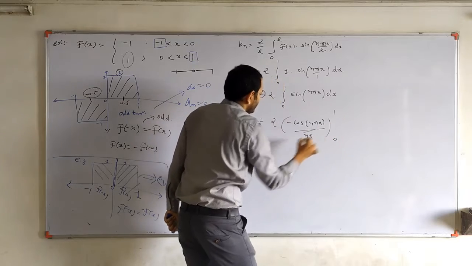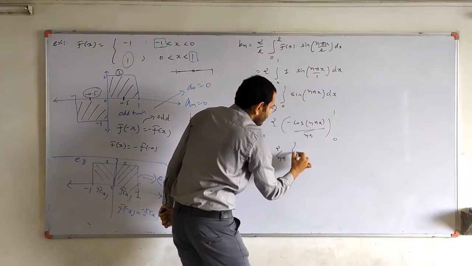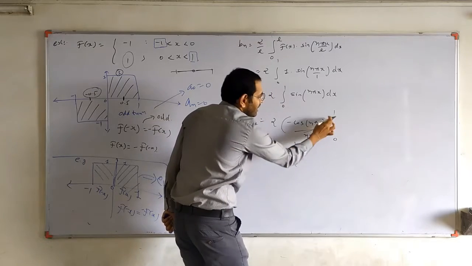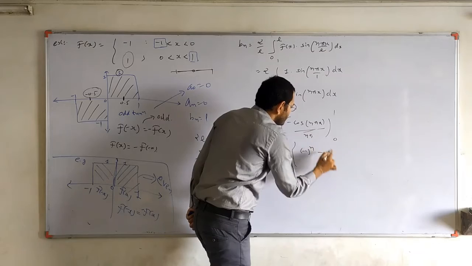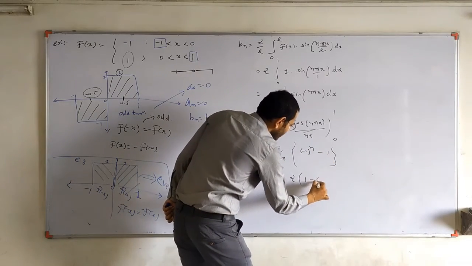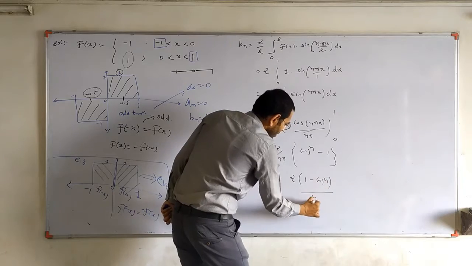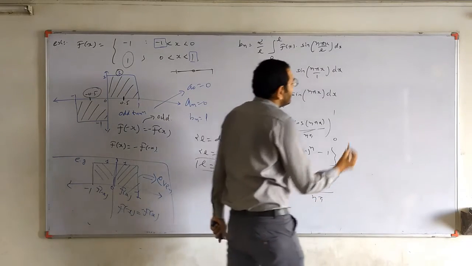Here 0 to 1, then upper limit minus lower limit. Substitute cos n pi, this minus comes outside the bracket, then cos n pi is minus 1 raised to n, cos 0 is 1, minus comes inside the brackets, and we get 2, 1 minus minus 1 raised to n upon n pi. That is the value of Bn.